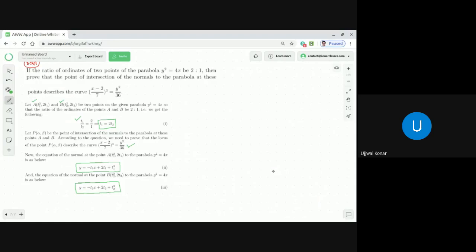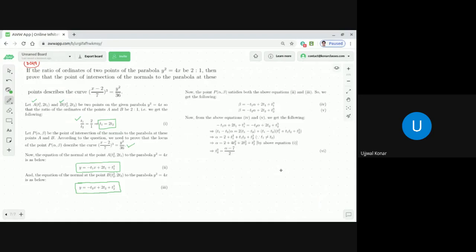Please have a look into it. We apply the value of alpha in equation number 2 and 3. So we get beta equal to minus T1 alpha plus 2T1 plus T1 cube, and beta equal to minus T2 alpha plus 2T2 plus T2 cube.